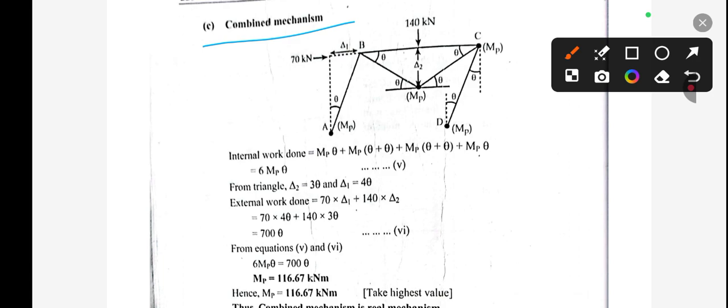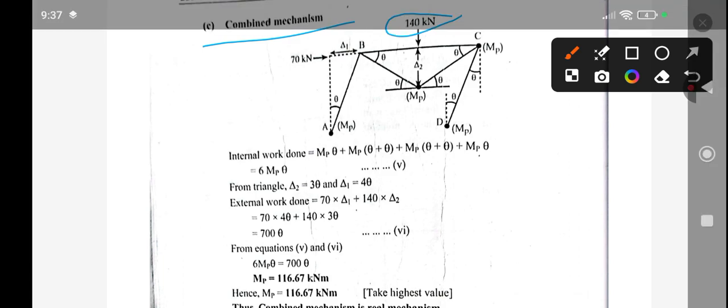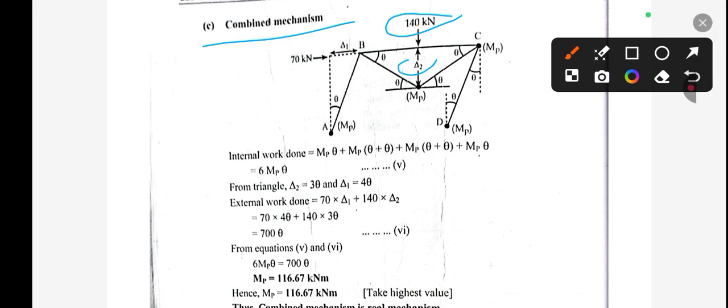Due to this 105 kilonewton, the deflection is seen over here, and due to 70 kilonewton the sway can be seen here, that is delta 1. You can also draw this portion like this. Now we need to calculate the external work done and internal work done.